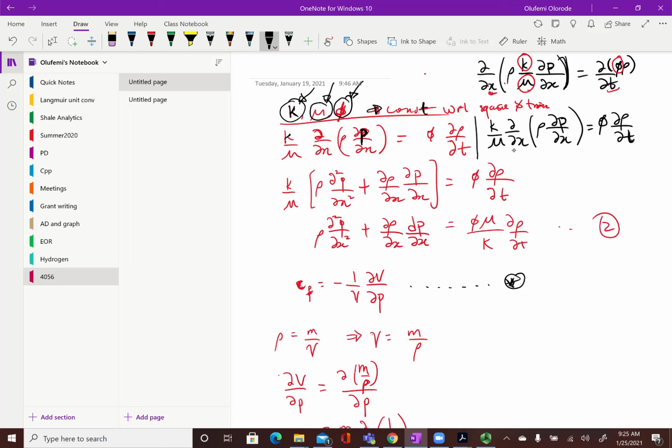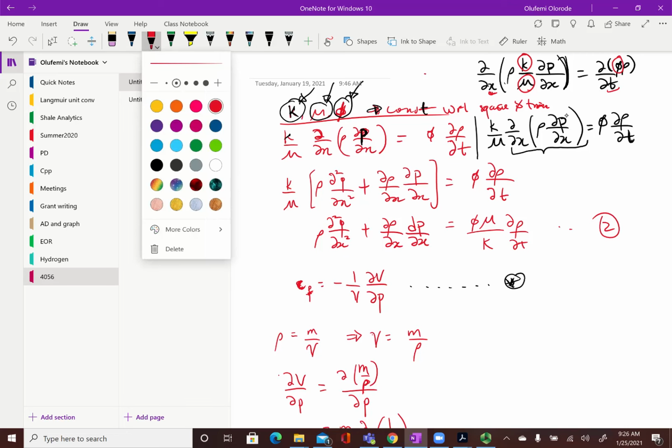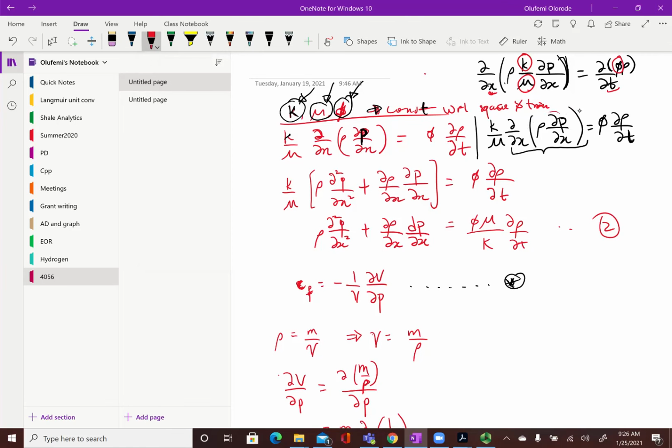The next thing we do is focus on this term. How do you differentiate what's in the bracket with respect to space? We use a rule in calculus, the product rule. How do you differentiate with respect to x the product of u and v? It's u dv/dx plus v du/dx.